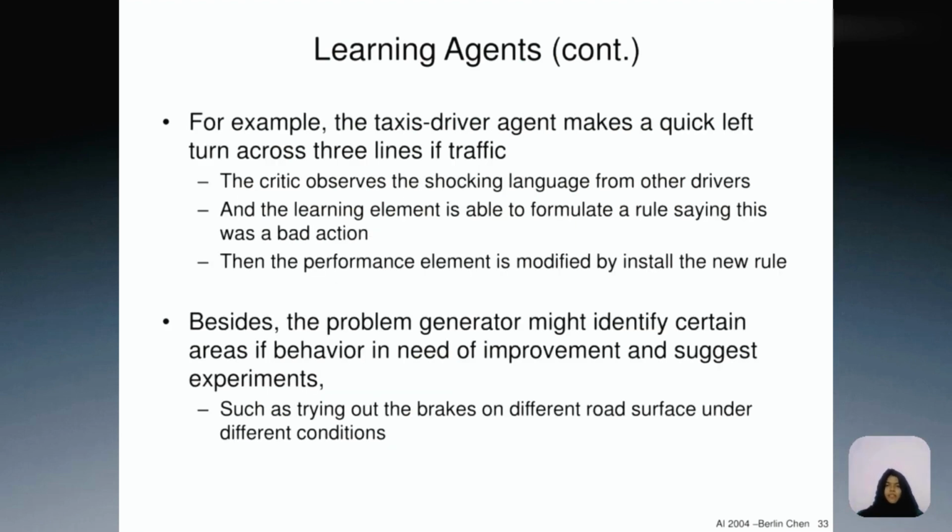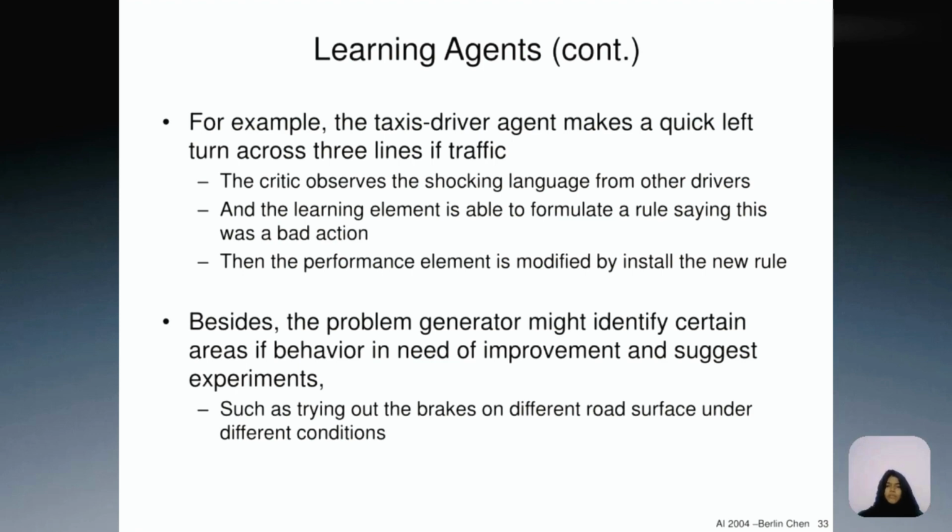We have learning agents. For example, the taxi driver agent makes a quick left turn across three lanes of traffic. The critic observes the shocking language from other drivers, and the learning element is able to formulate a rule saying this was a bad action.